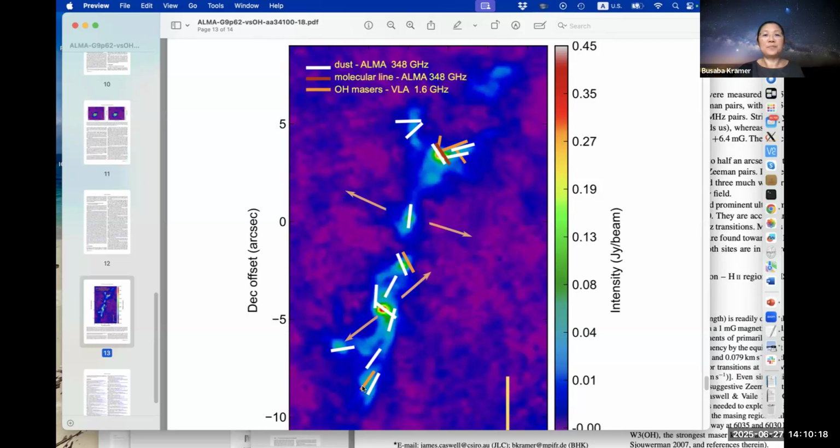Yeah, so I put the link of this paper. It always comes back to the Zeeman pair, whatever I talk about, for some reason.